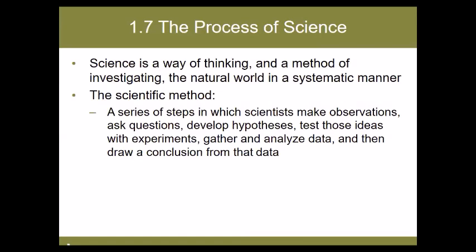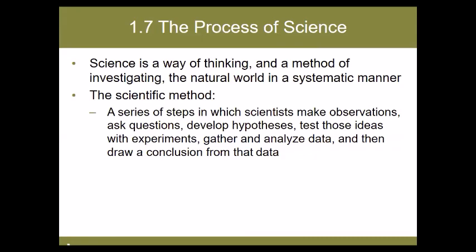The last little section we'll look at is the process of science. I'm briefly going to review this. This is basically talking about the scientific method. You have a definition here, a series of steps in which scientists do different things. They make observations, they look around, they ask questions about a particular problem. From those observations, they begin to develop a hypothesis, an educated guess, an educated assumption about that data.